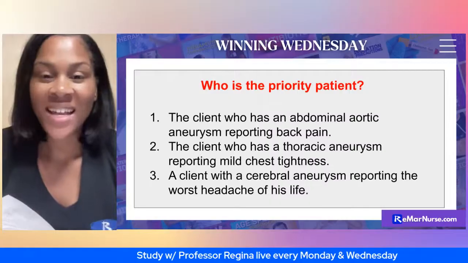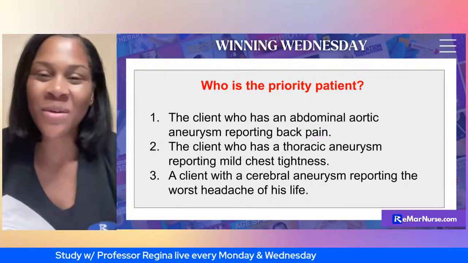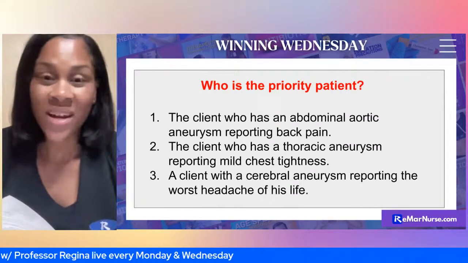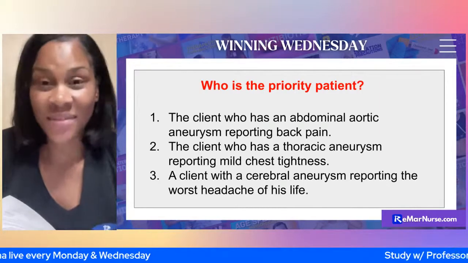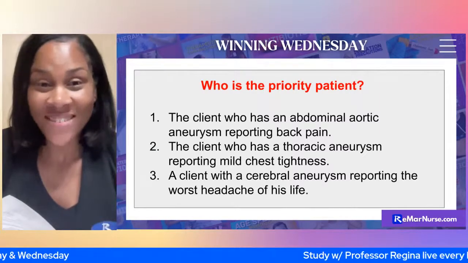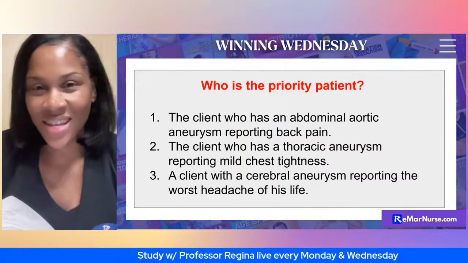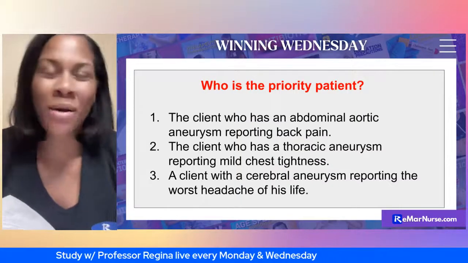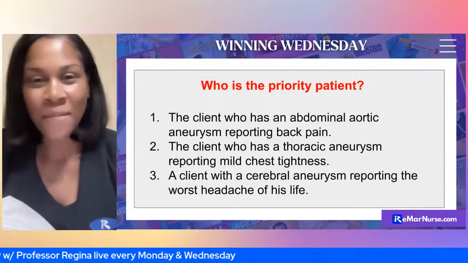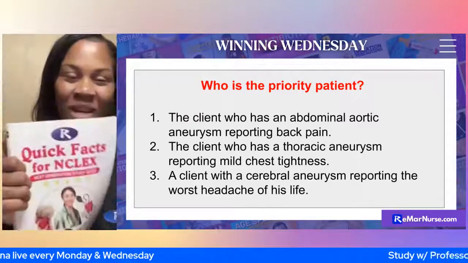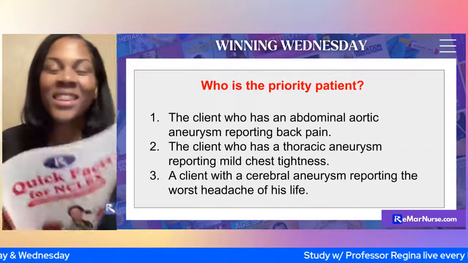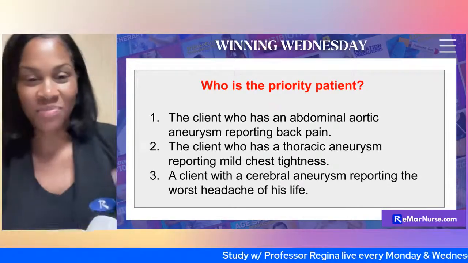Or 3, a client with a cerebral aneurysm reporting the worst headache of his life. Who is our priority here? I didn't give you the answer to this. I want you to critically think based off the facts. If you know the facts, then you can answer this question.